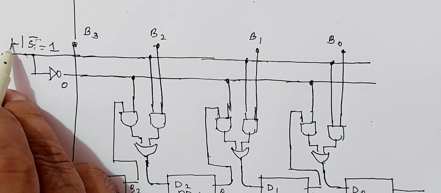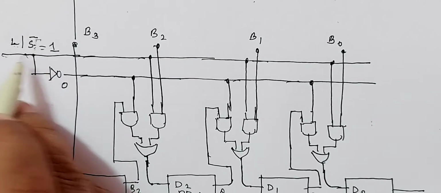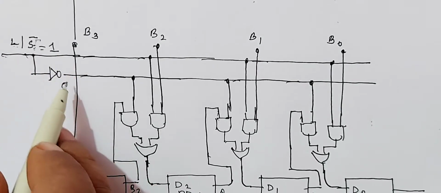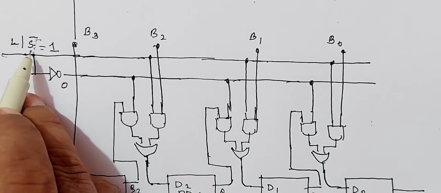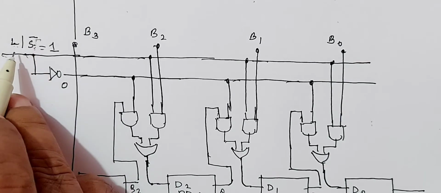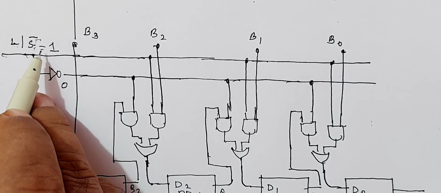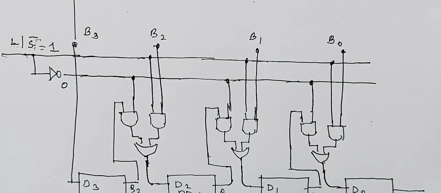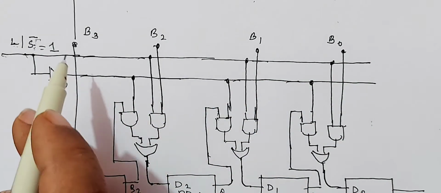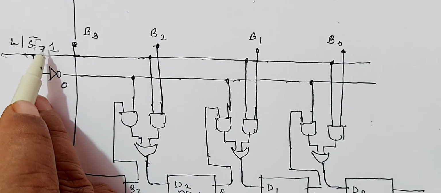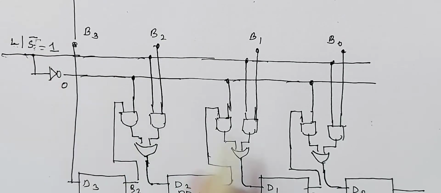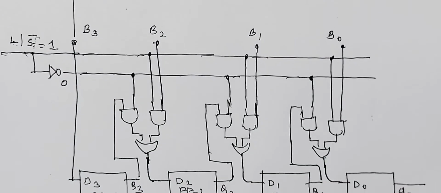When L becomes 0, S bar becomes 1. These are the two lines. This is the L line, this is the S bar line. Therefore, this is the input line L by S bar, load by shift bar. If you make this 1, it acts as a load. All the inputs are loaded simultaneously. If you make this 0, then S bar goes to 1. It acts as a shift. Then the bits are shifted out one by one.